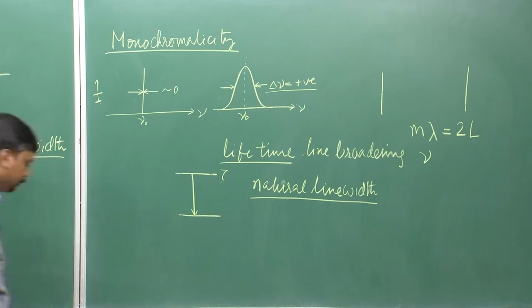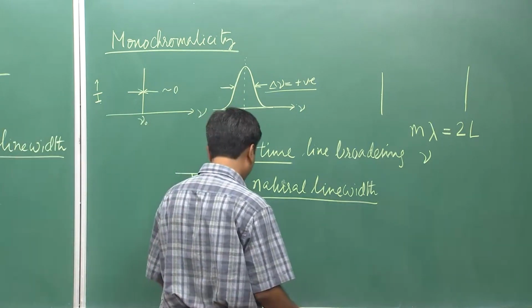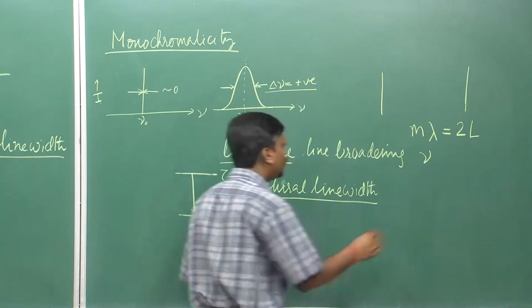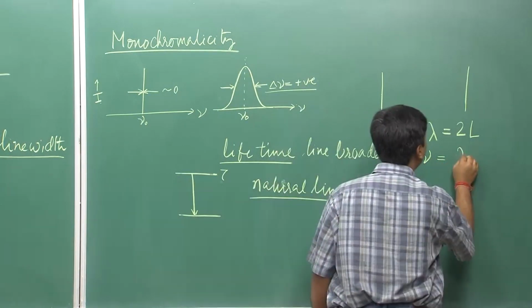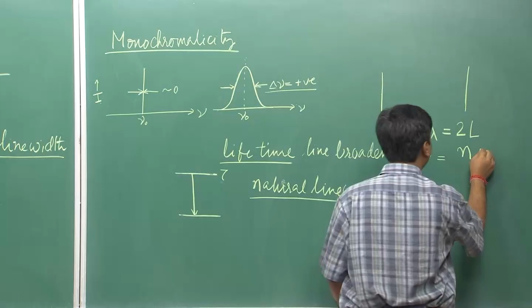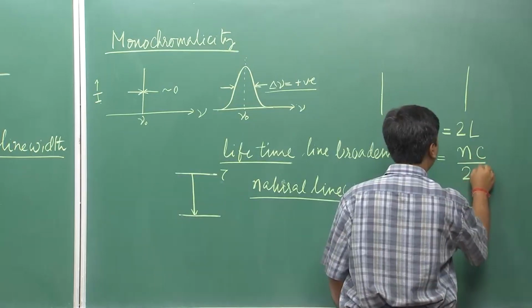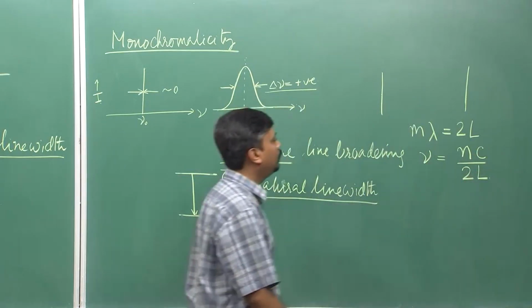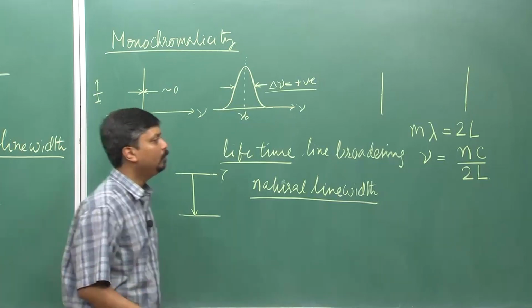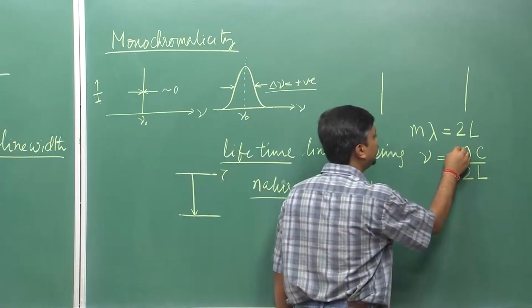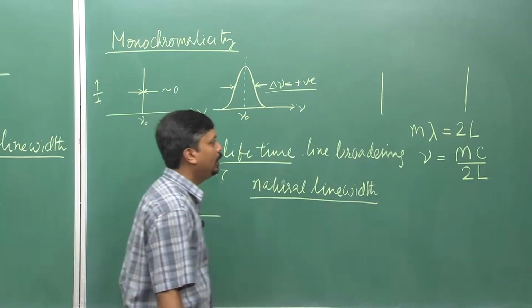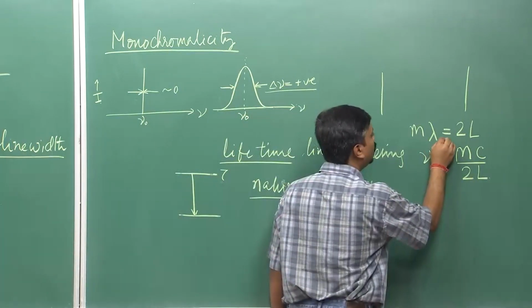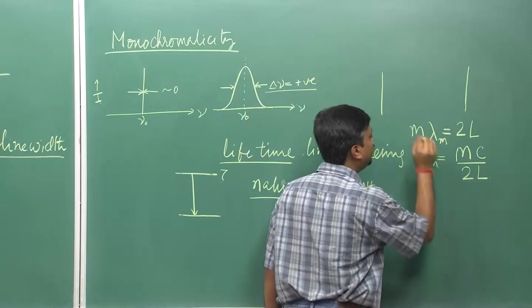So, this is for a particular mode. If I keep the same, it will be mc, and I can also specify this one as lambda m and nu m.